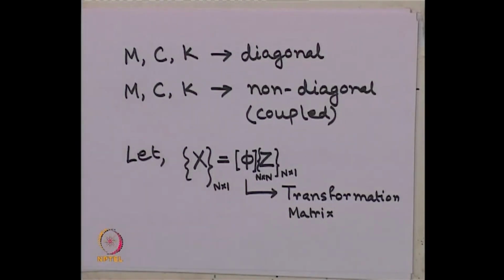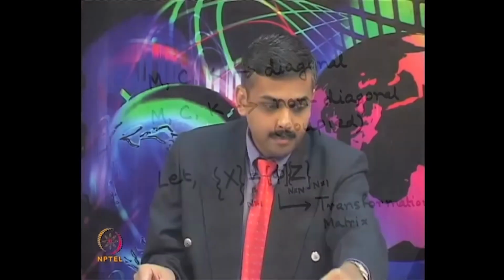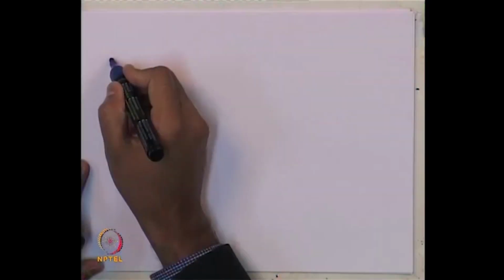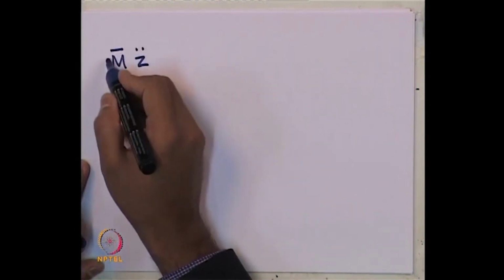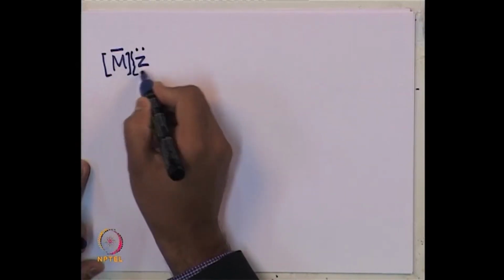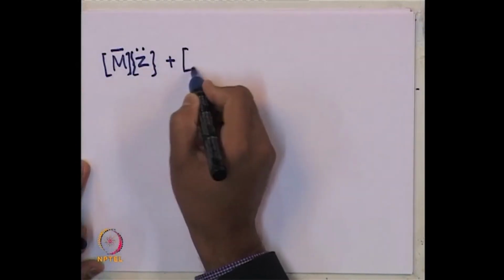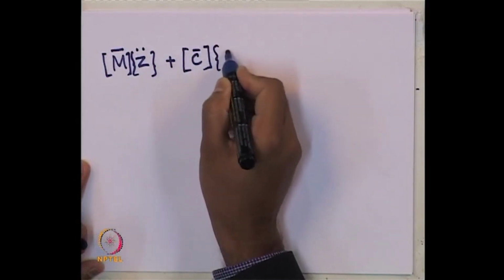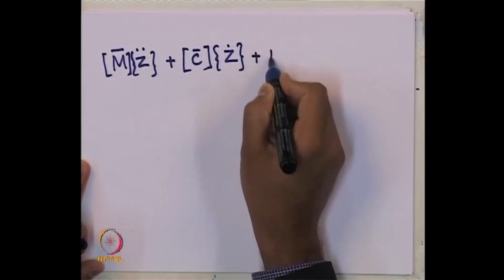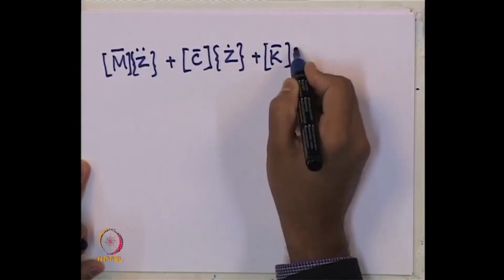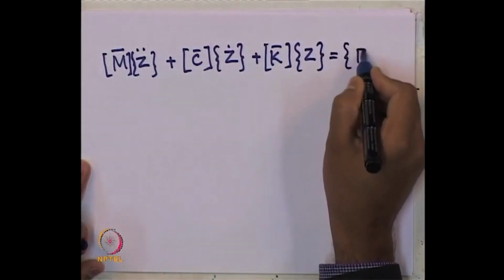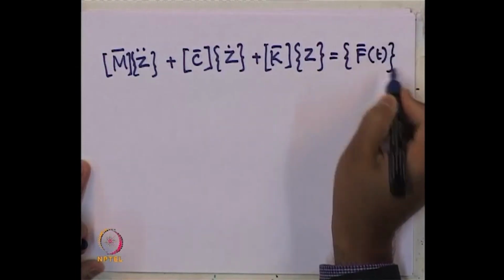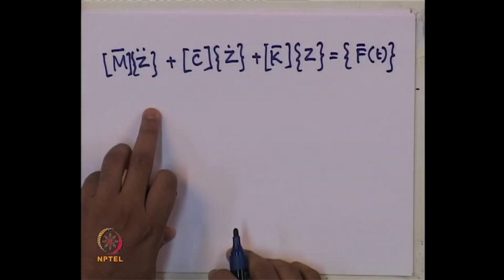So, using the transformation of the system, let us say our new equation of motion takes the shape of m bar z double dot, this is a matrix, this is a vector, plus c bar z dot plus k bar z equals vector f bar of t. What does it mean?